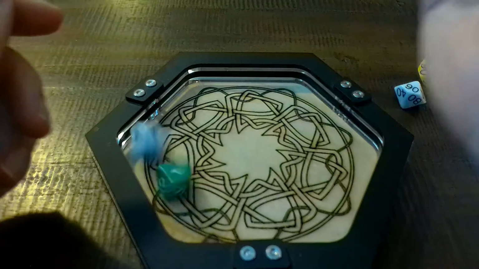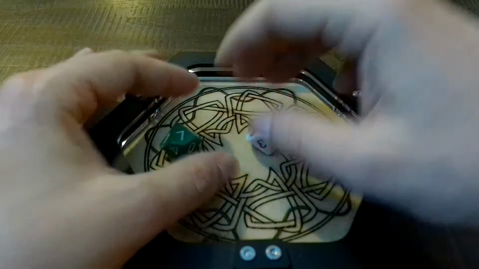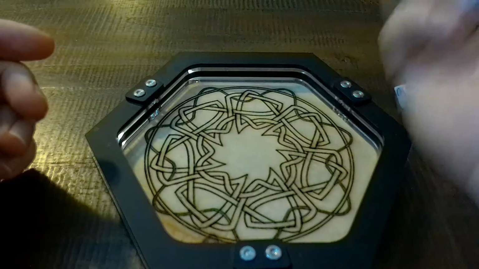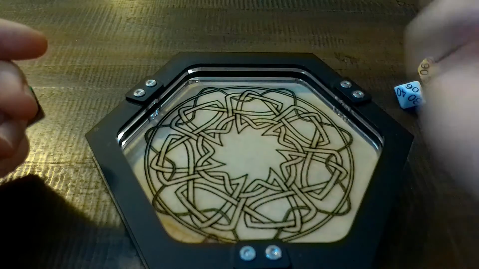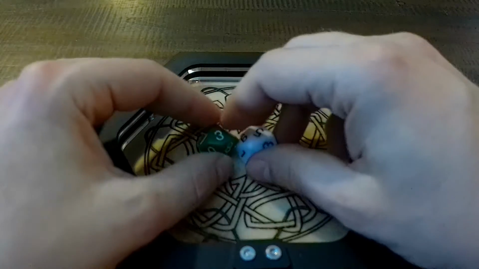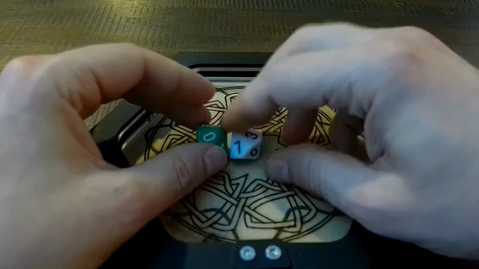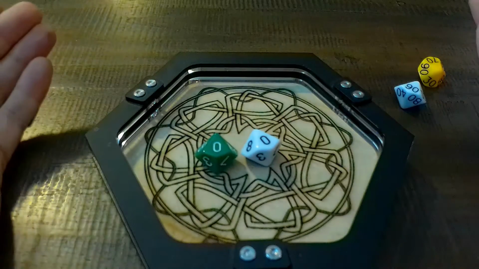And when we roll, we'll take a look at this. We got a 7 and a 0, so we know that would be 70. And as we roll here, again 75. There, 35, and so forth. Again, if you got 0 and 0, that would be 100.